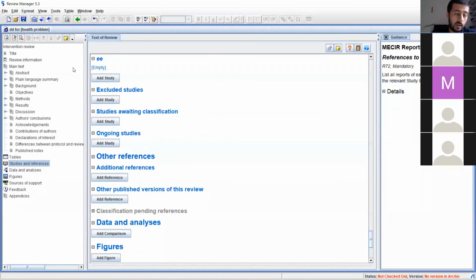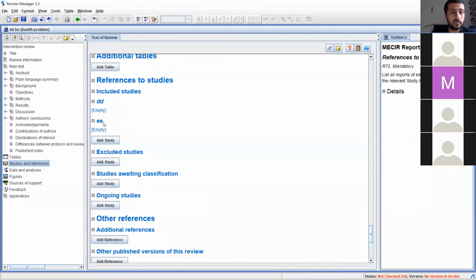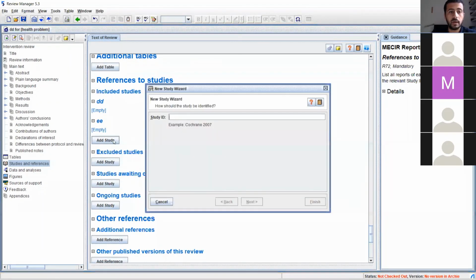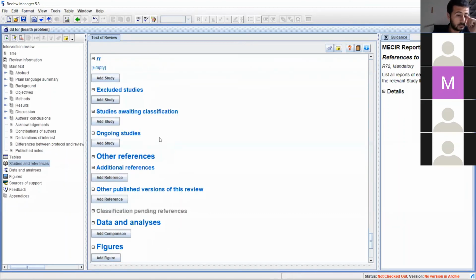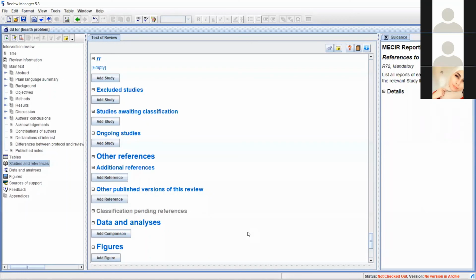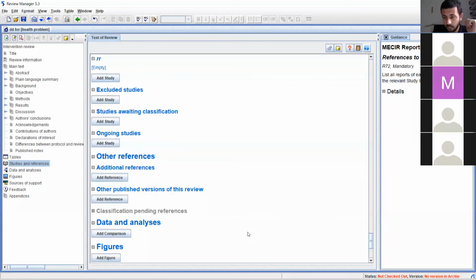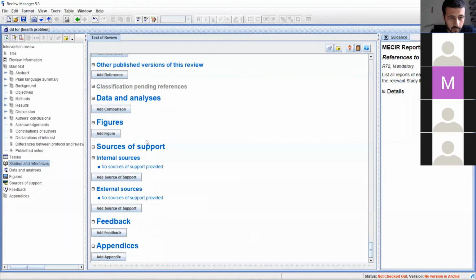When I want to compare or have an outcome, I need to have more than one study. So I have 3 included studies.